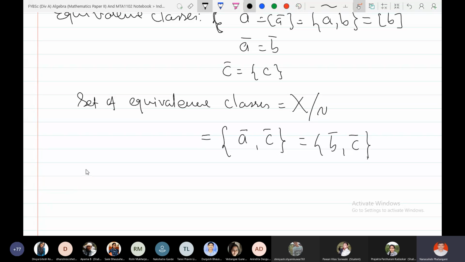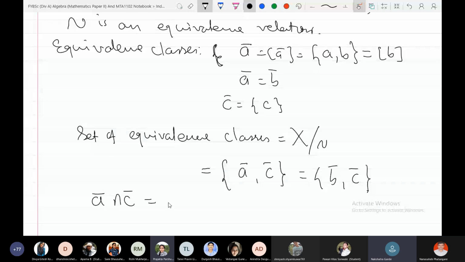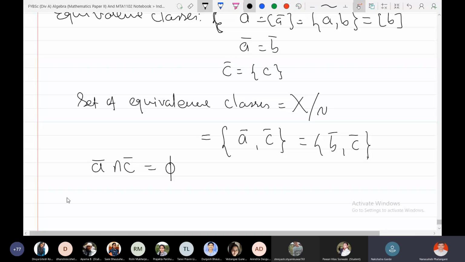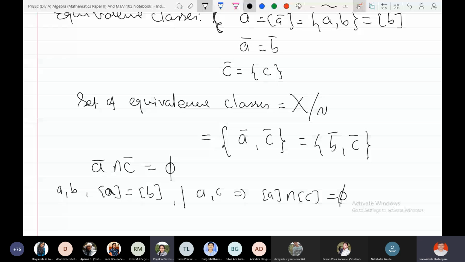Now you observe that if you look at two classes, A bar and C bar, what is the intersection of class of A and class of C? Empty. Now you choose any two elements from X. If I select A and B, their classes are the same: class of A is same as class of B. If we select A and C, class of A and class of C are disjoint.